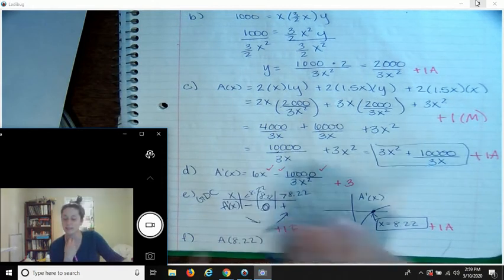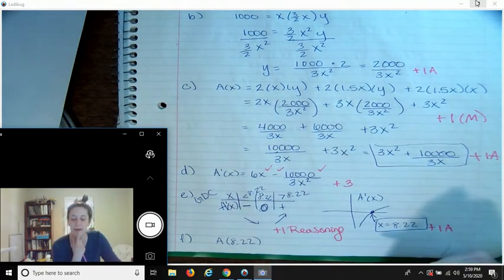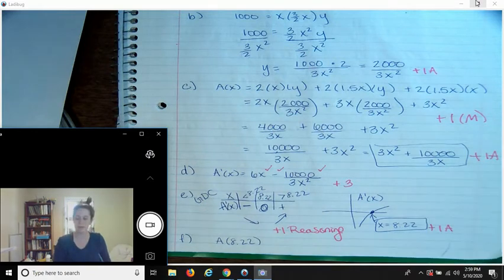The exact value is the cube root of 5,000 over 9. You can sub that in as well. Either way, my area function is 3 times 8.22 squared plus 10,000 over 3 times 8.22. And you should get about 608.22.